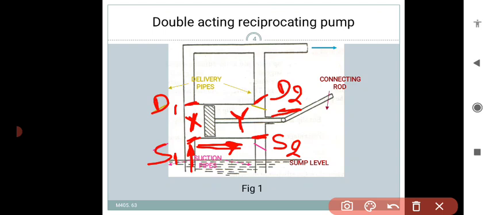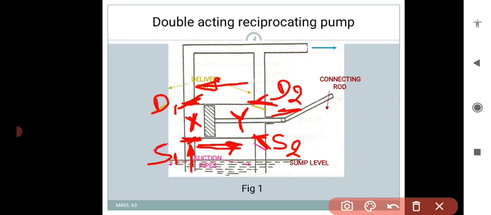Similarly, when the piston moves towards the left, the suction valve 2 is open, suction 1 valve is closed, and delivery 2 valve is also closed, and delivery 1 valve is open.